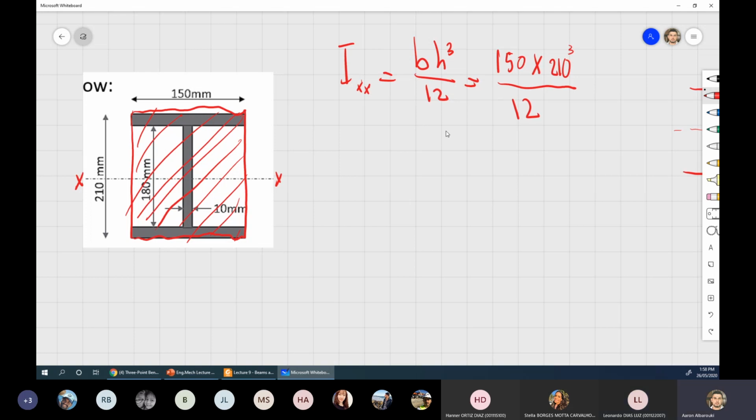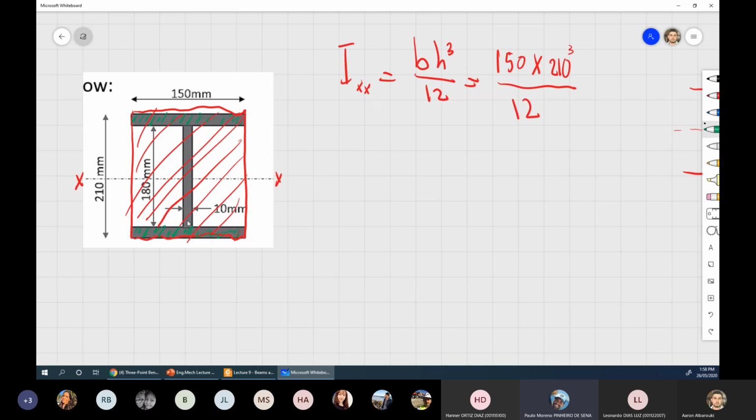Paolo, do you have something to add to this? Yeah, can you hear me? You can also calculate the moment of area for 3 rectangles and sum them. Which 3 rectangles? The top part, the middle part, and the bottom part, using the same equation: one divided by 12, times base times height cubed.